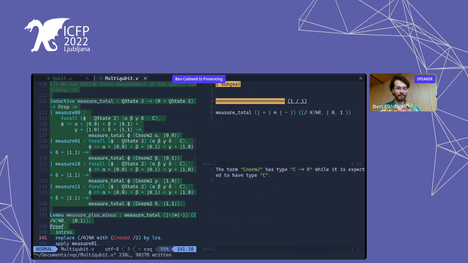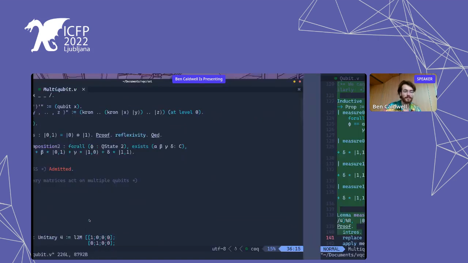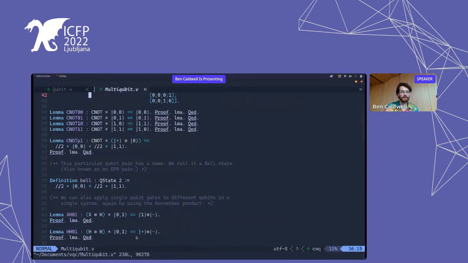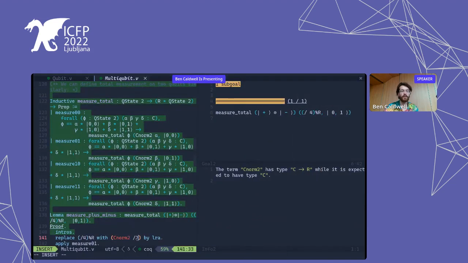Has type. Okay, and are they supposed to be brackets around this? Like C norm is a function. Yeah, you're just saying put parentheses around this.